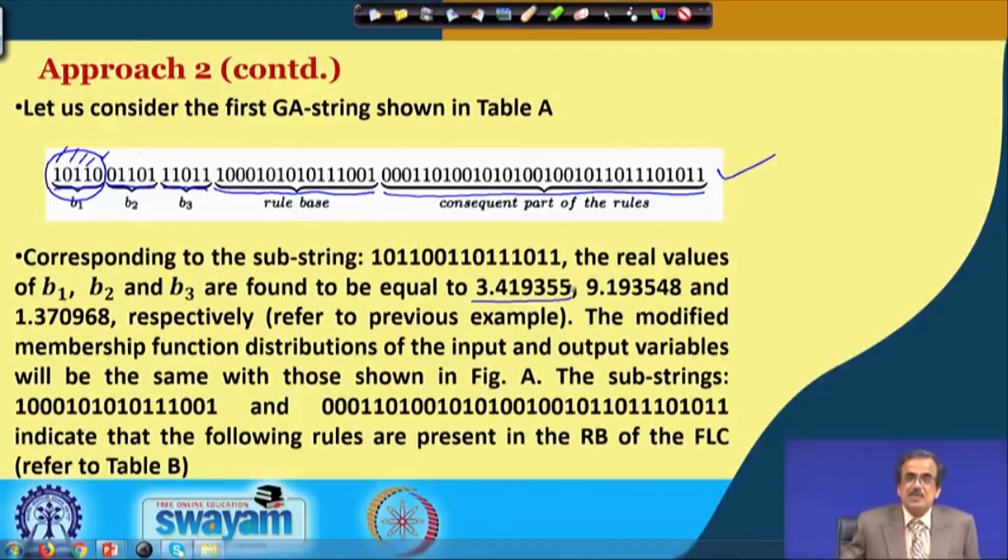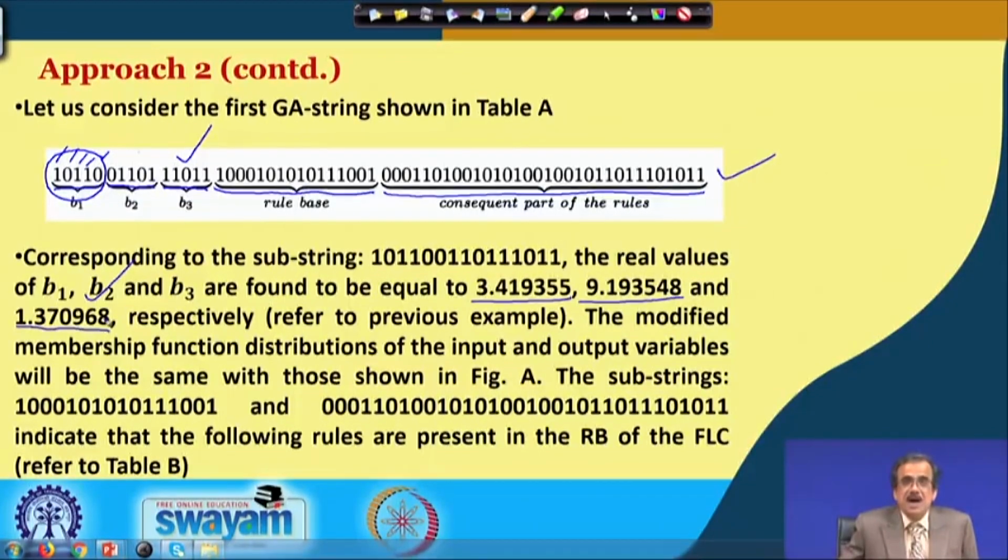By following the same principle, I can find out the real value for B2, and that is 9.193548. Then, corresponding to this, I can find out the real value for B3, and that is 1.370968.